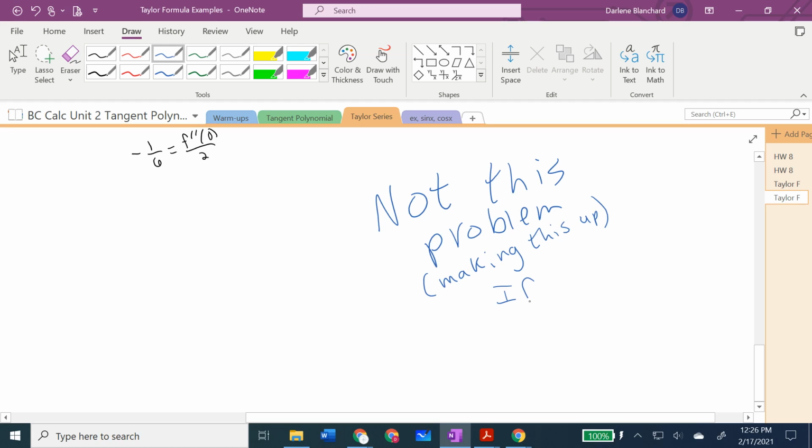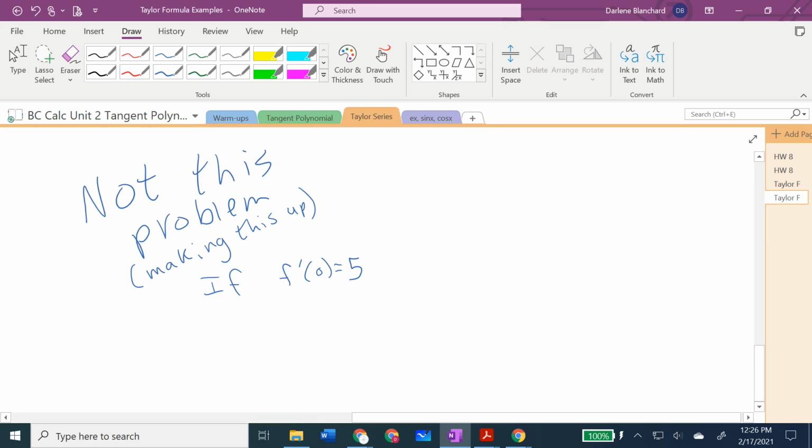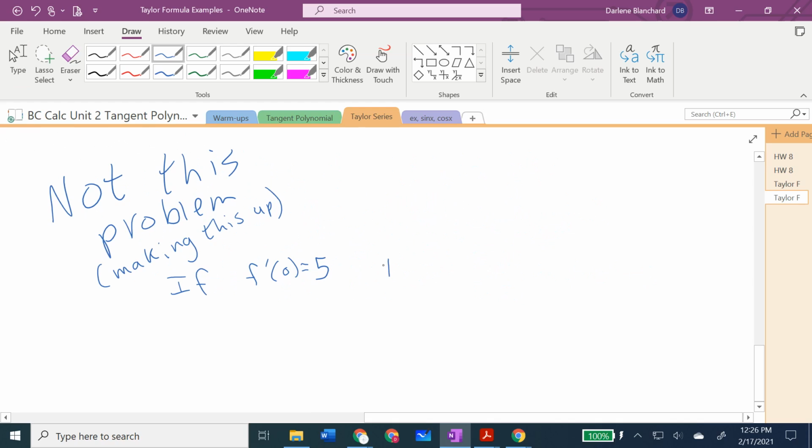If you found out that the first derivative at 0 was equal to, let's say, 5, what would be your answer to, is there a local minimum, maximum, or neither at x equals 0? And then I want you to think about why. What would be your justification?